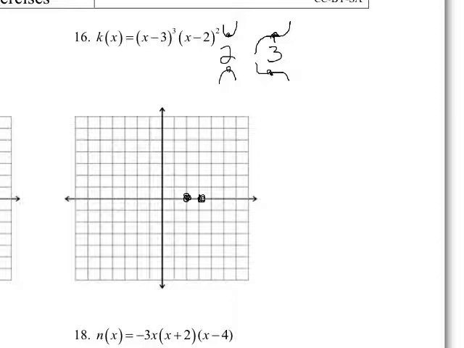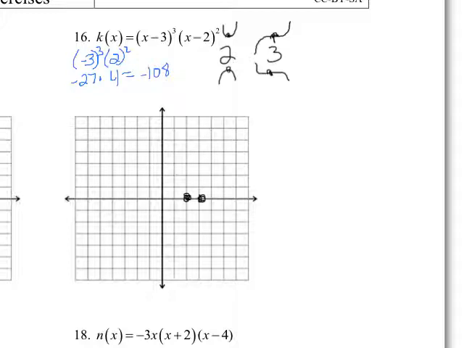So in order to find the y-intercept, I plug 0 into the equation, which gives me -3 to the third times 2 squared, which is -27 times 4, and -27 times 4 is equal to -108.